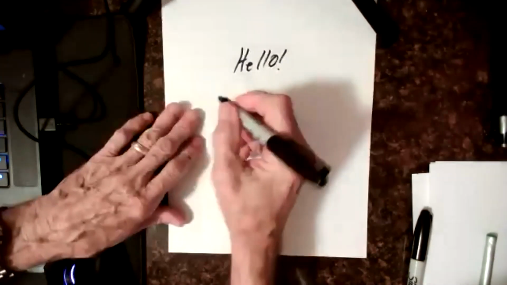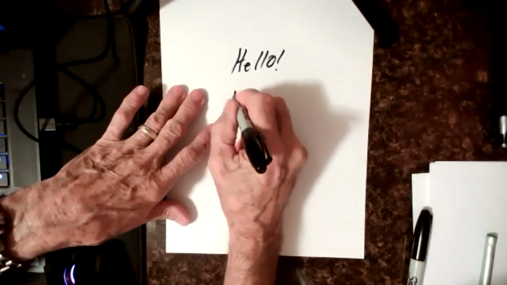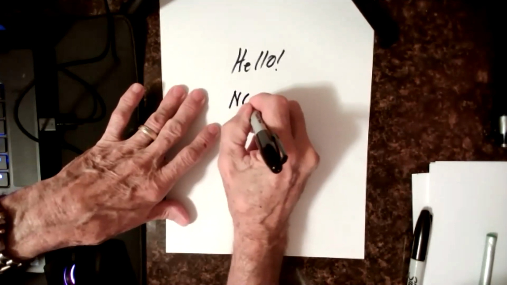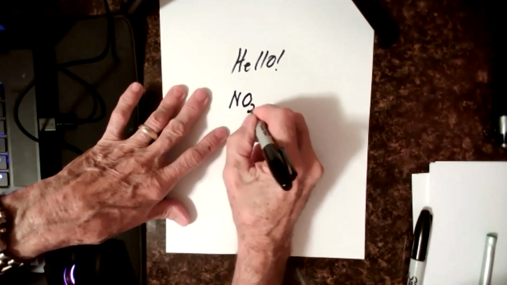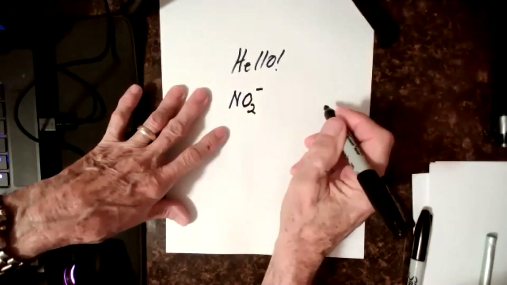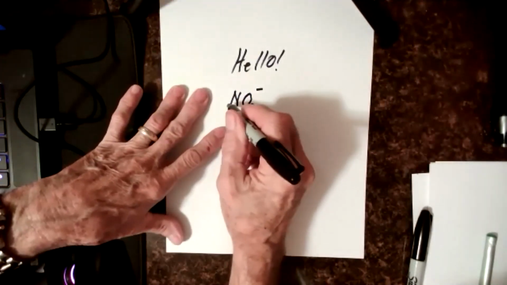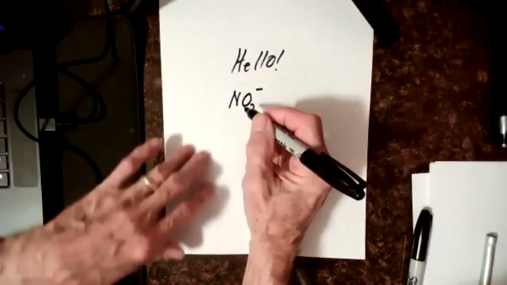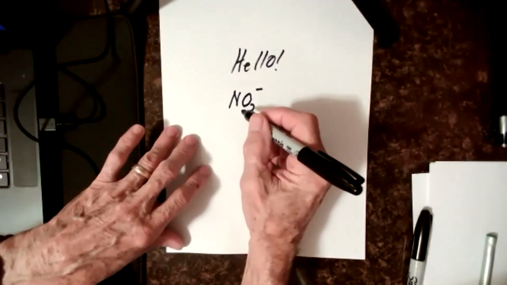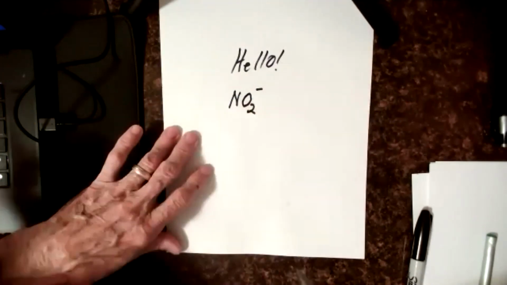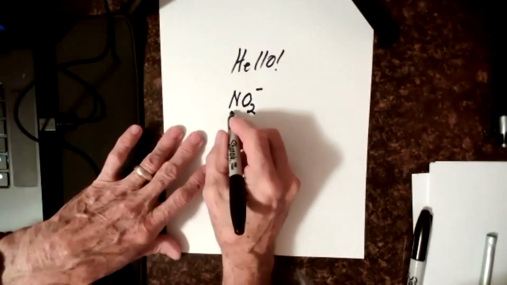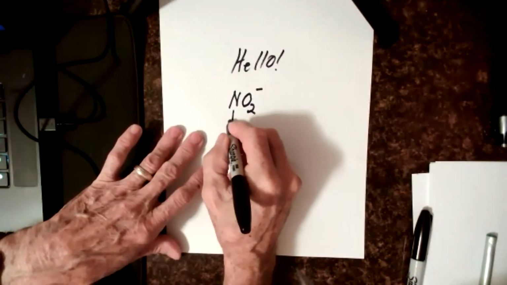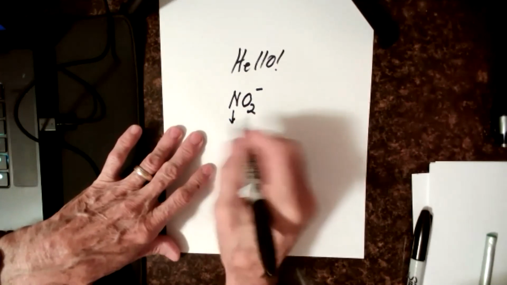So let's start working. We have nitrite ion, NO2 minus. Now, if it had said nitrate, it would be NO3 minus, but nitrite is NO2 minus. Now, I want to do the VSEPR notation for it. So nitrogen, I'm not pulling out my periodic table.